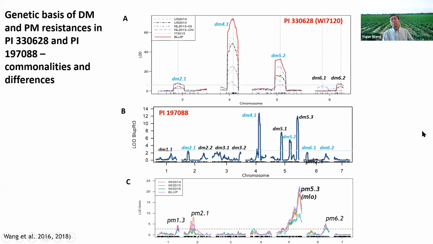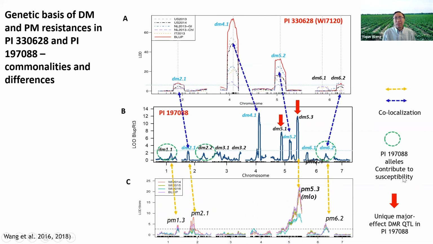So we conducted QTL mapping studies in the two lines and identified two major QTLs in 330628, and we identified 11 QTLs in 7088. And we also identified 4 QTLs for powdery mildew resistance in 7088.